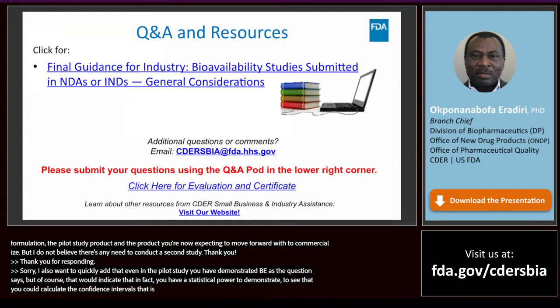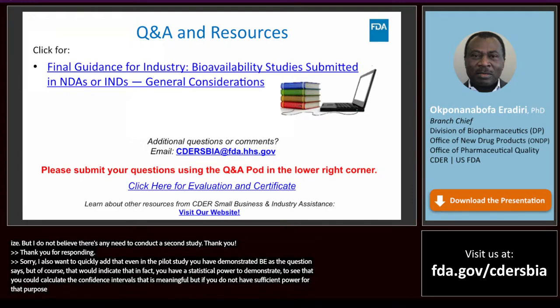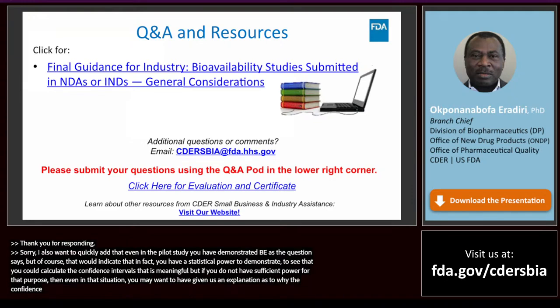But if you do not have sufficient power, then you may want to give an explanation as to why you did not meet the confidence intervals. But conducting two studies on the same product with the same formulation is unlikely to be necessary. Thank you.